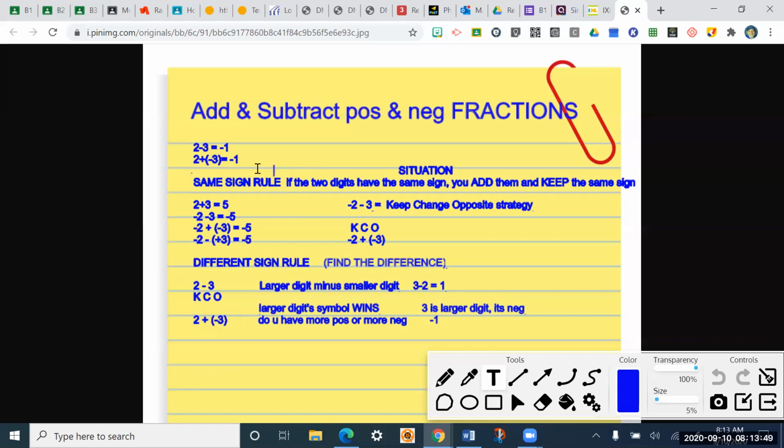Same sign rule, we find the sum. Let me put it in parentheses. Oh, nope, too late. Okay, so I have to go like this. I hate when that happens.